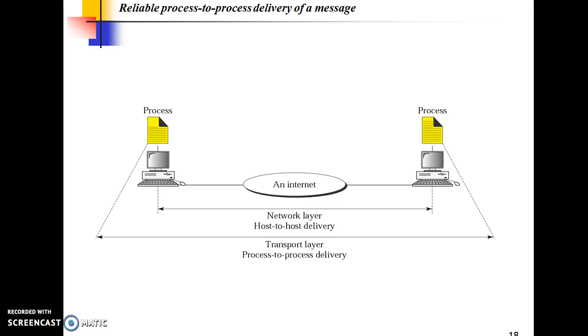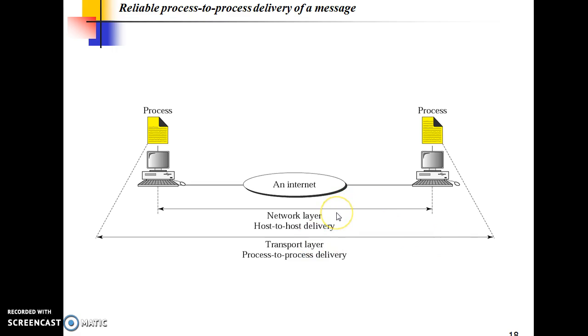Now whatever data is transmitted to the transport layer, it will be for a process. This transport layer is responsible for transmitting the data to a particular process.